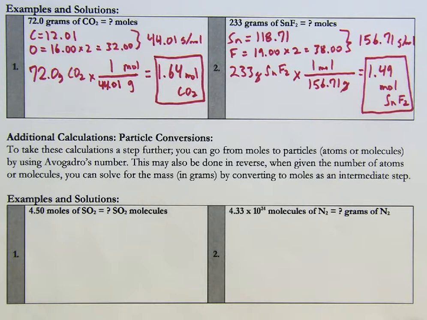This is just unit conversions, like we've done many times earlier in the year. You can go from grams to moles to atoms, or you could go the other way around, like from atoms to moles to grams. So let's try these problems.